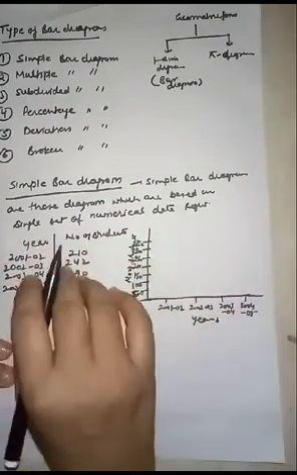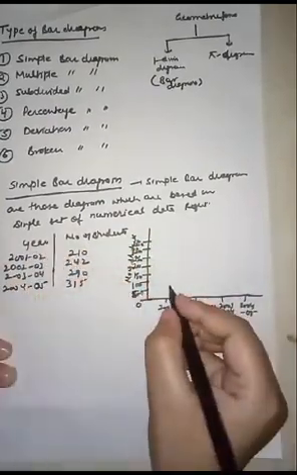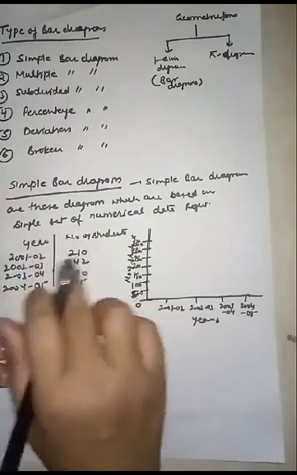Now make the single bar diagram for the single set of numerical data. So make the bar diagram according to the year.